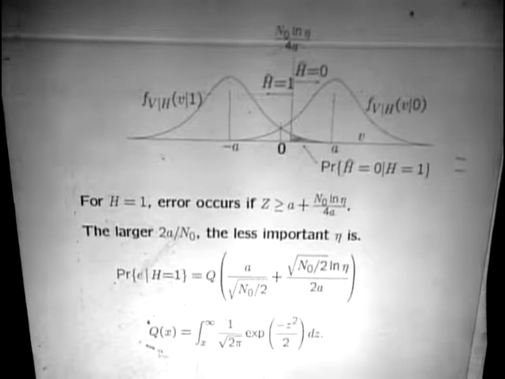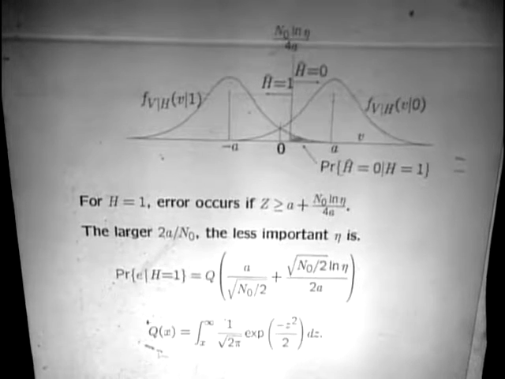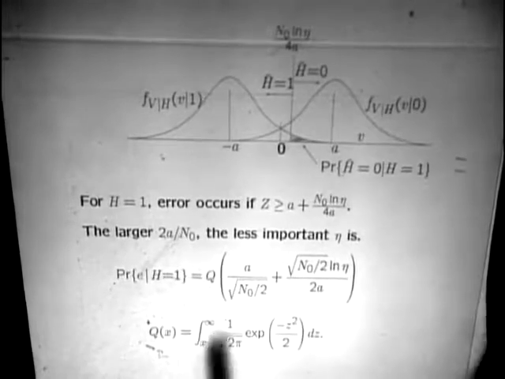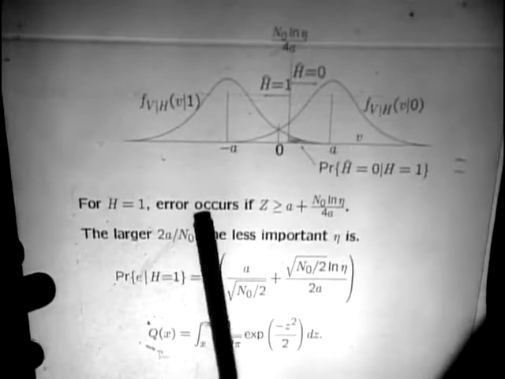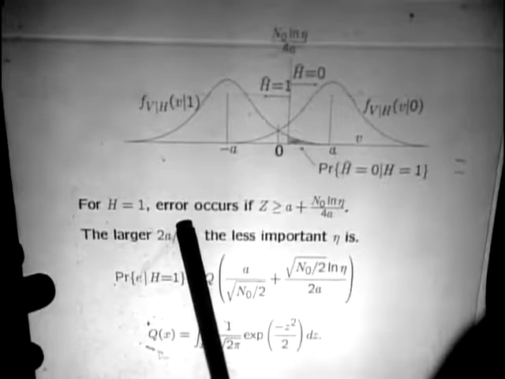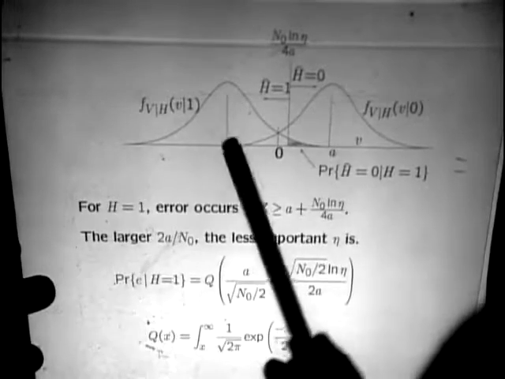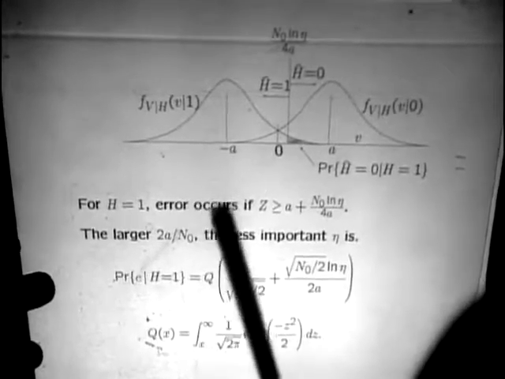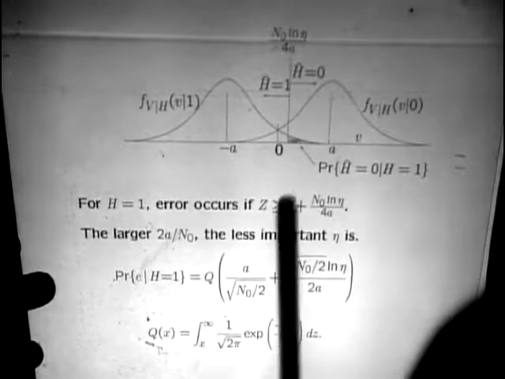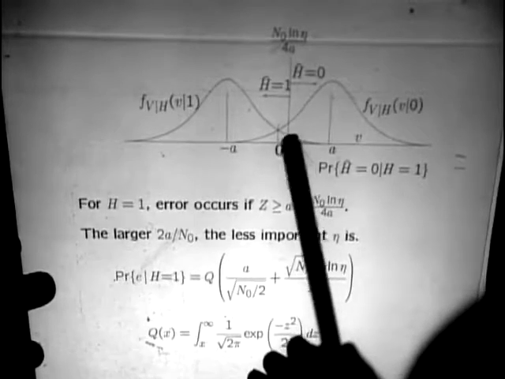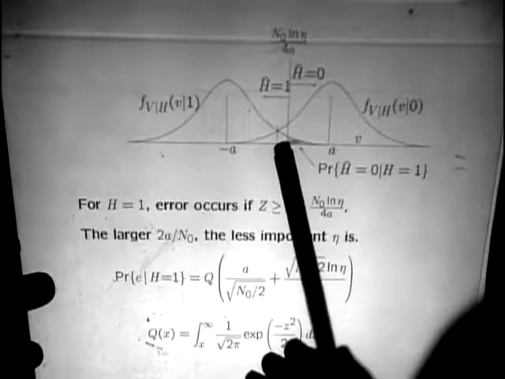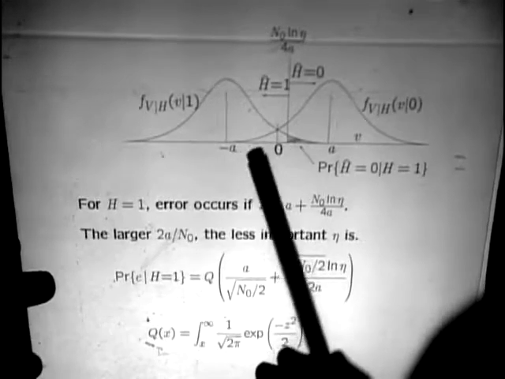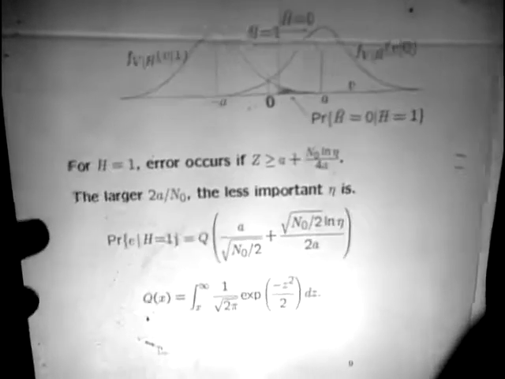What's the probability of error when 0 occurs? Well, it's the same analysis. When 0 occurs, namely when the correct hypothesis is 0, the output V follows this probability density here. And I'm going to screw up if the noise carries me beyond this point here. So you can see what the threshold is doing now.